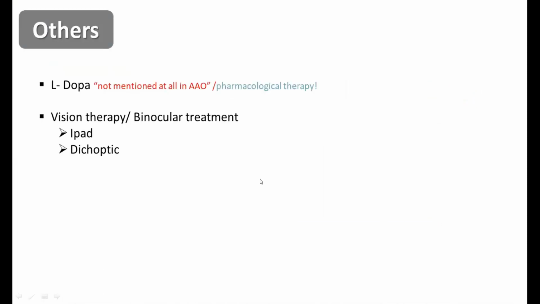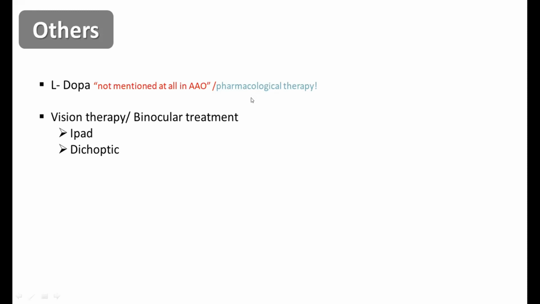Coming to the other lines, levodopa or L-dopa, which some books call pharmacological therapy. In our national exams, if the examiner asks you about the pharmacological therapy for amblyopia, they usually want you to mention L-dopa.